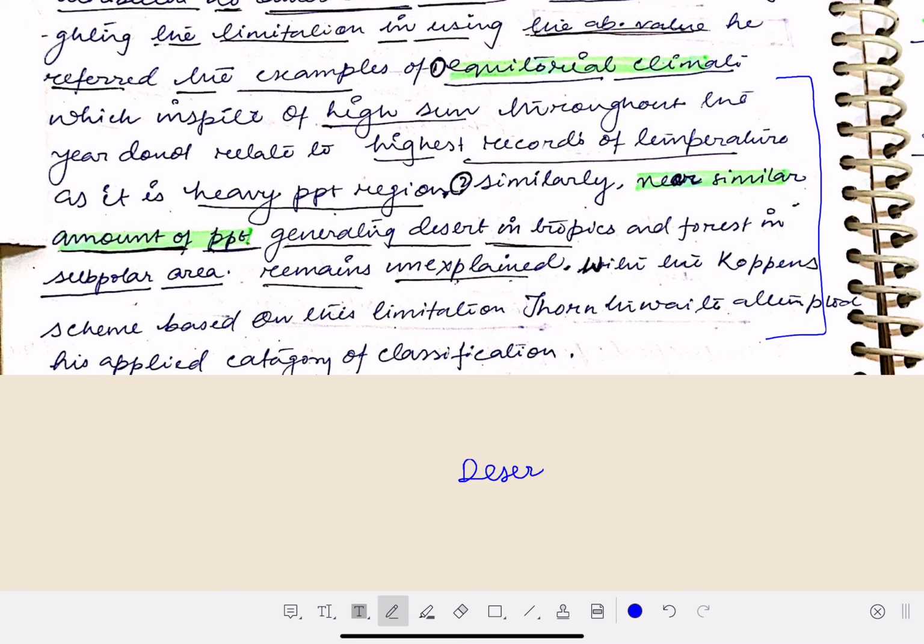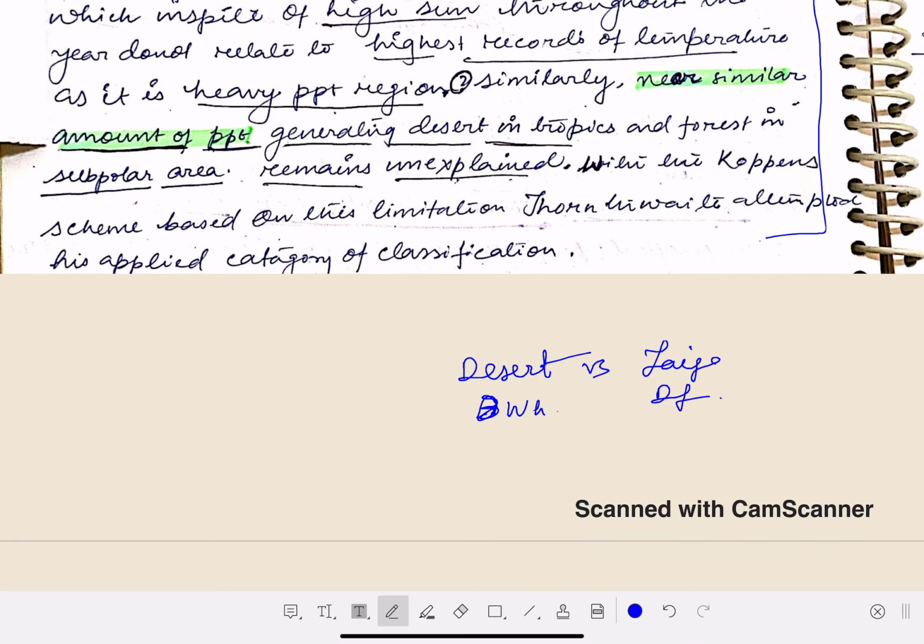Let us say your desert versus your taiga. Taiga was classified as DF, desert was classified as BWH. What was the rainfall? 50 centimeter. What was the rainfall? 30 centimeter. So he took this absolute value, 50 centimeter of rainfall, 30 centimeter of rainfall.